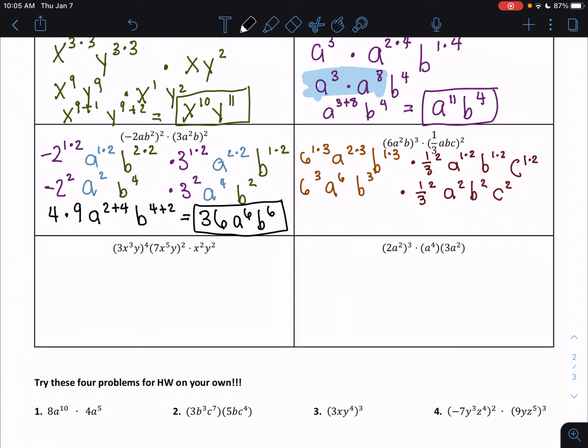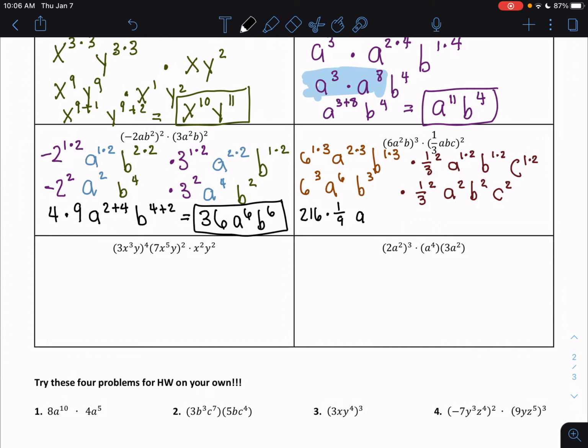So what is 6 cubed? If you don't know that, you can take your calculator. You can put 6 caret cubed, or you can do 6 times 6 times 6. And that would give us 216. Then you have 1/3 squared, which is just 1/3 times 1/3. So that is 1/9. And then we can combine our letters.